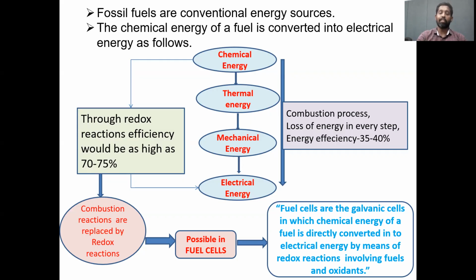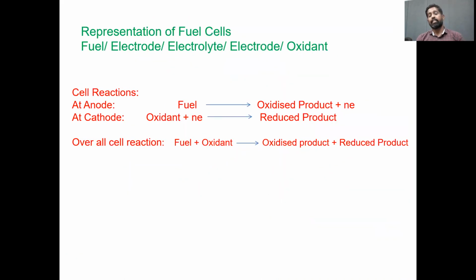Let's see how a fuel cell can be represented. A simple fuel cell has a fuel, an anode electrode, an electrolyte, a cathode electrode, and an oxidant. In the redox reaction, the fuel undergoes oxidation and the oxidant undergoes reduction. The fuel forms an oxidized product, and the electrons liberated give the flow of electrons, which is what we are expecting.